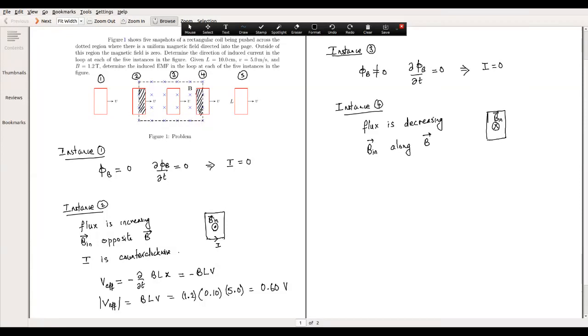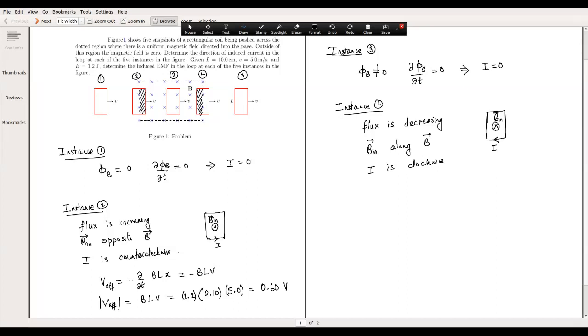And for this, the current that will produce this magnetic field has to be going clockwise. So I is clockwise in the loop at instance 4.